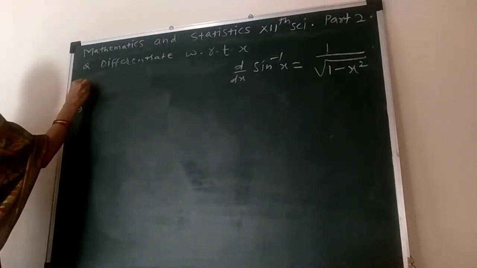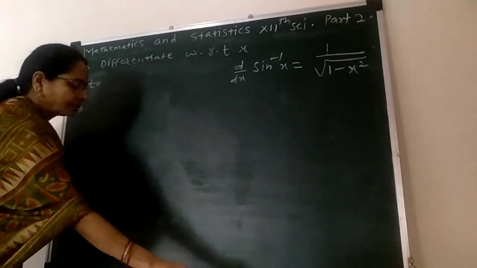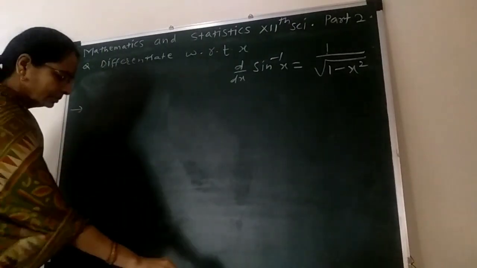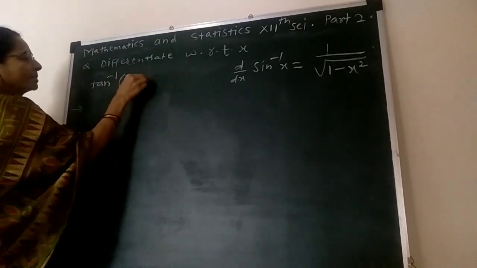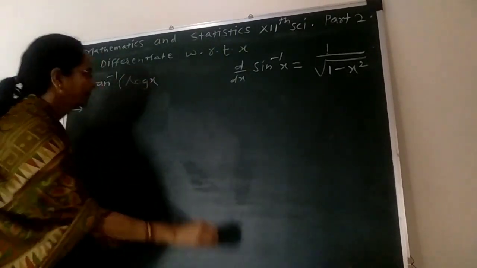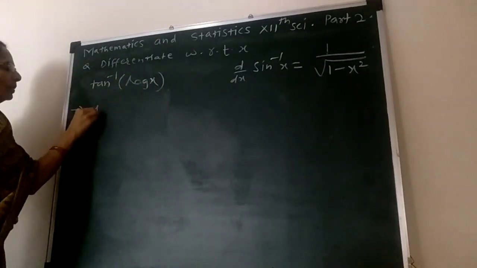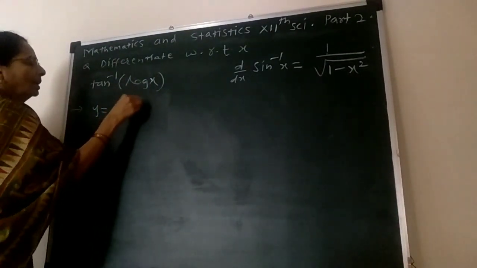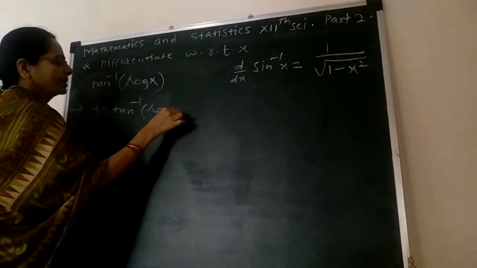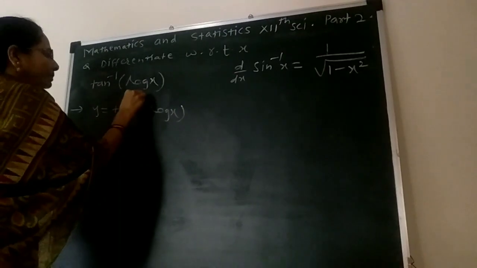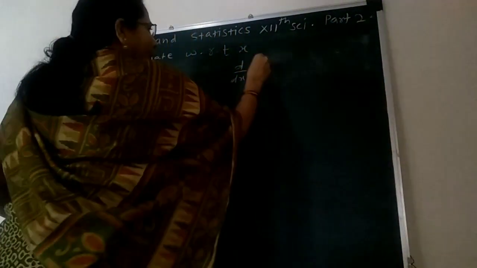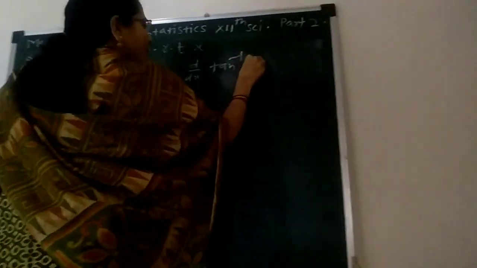Tan inverse log x. Y is equal to tan inverse log x. The derivative of tan inverse x is 1 upon 1 plus x square.